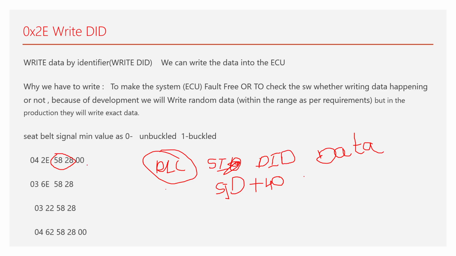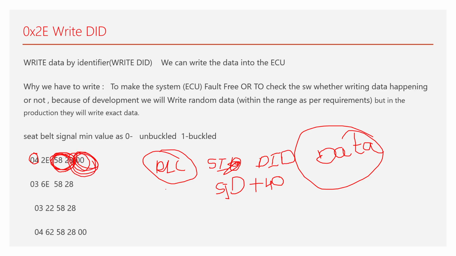What is the output response from here? We will get data. Whatever data we write in the ECU, we will get the data. In this example, I take DLC as 4, this is the service ID, this is the DID, whatever DID I took, 58, and this 00 is the data.